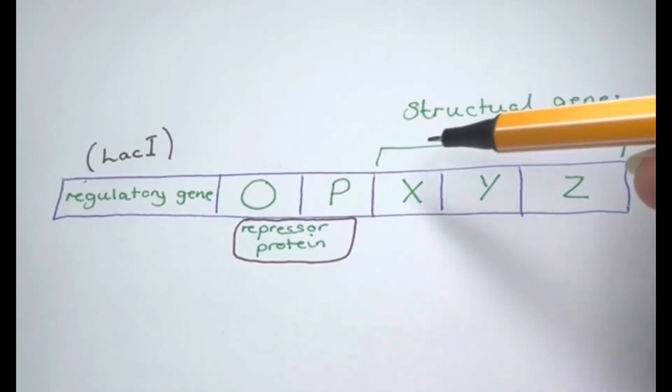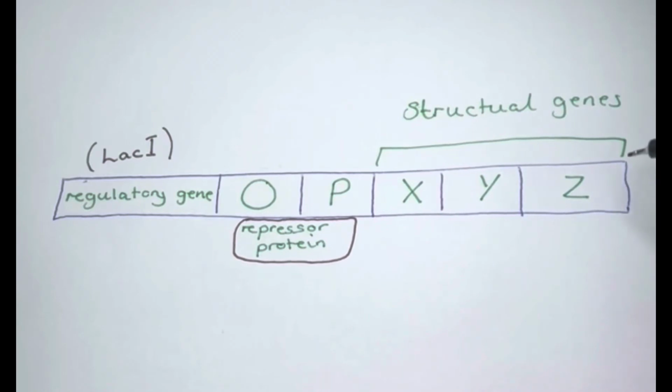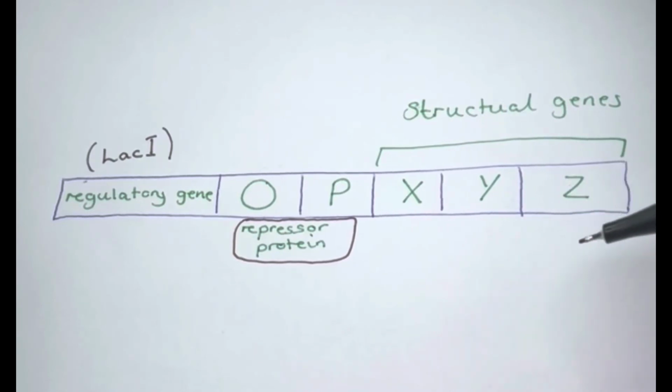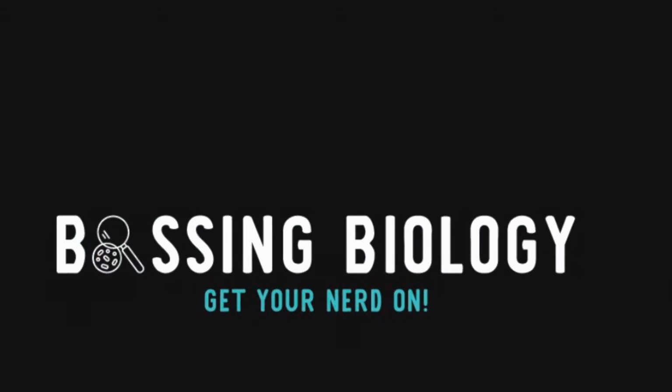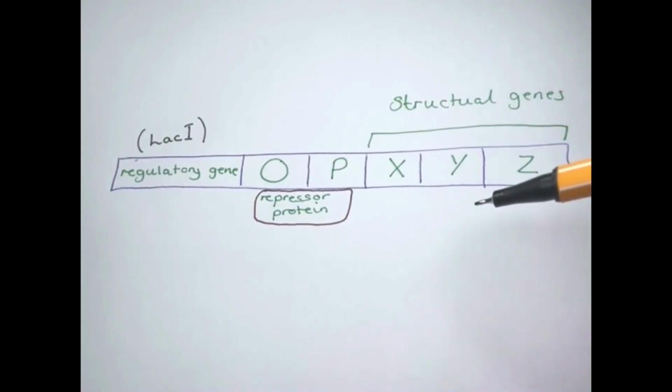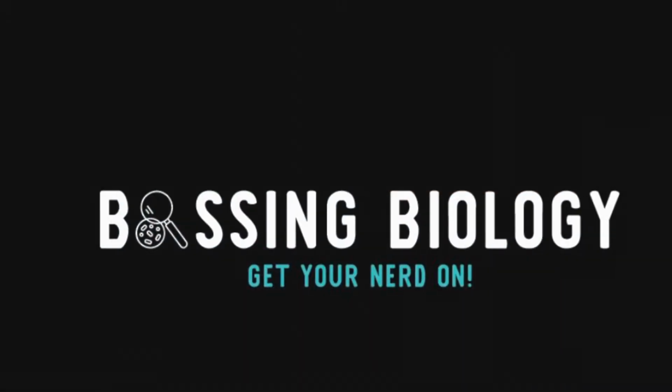We don't need these structural genes being transcribed and then translated because there is no lactose present. Therefore, you do not need the enzymes to break down lactose to be used as a respiratory substrate. The phenomena of the repressor protein preventing transcription is known as downregulation.